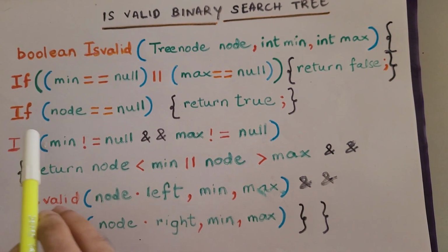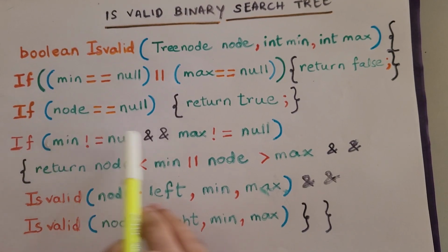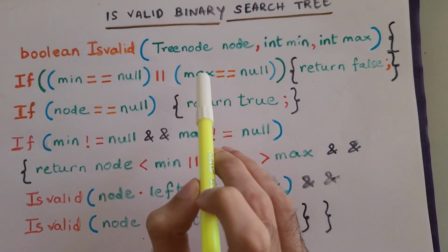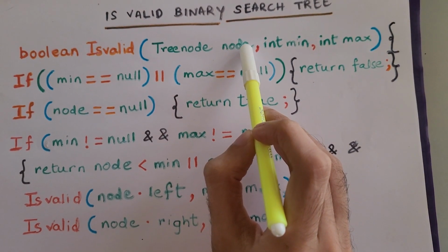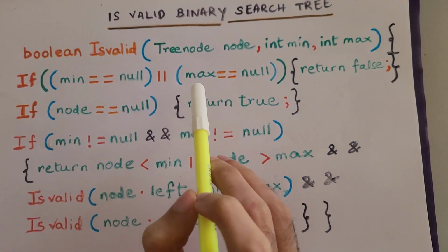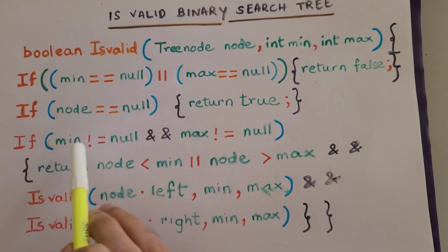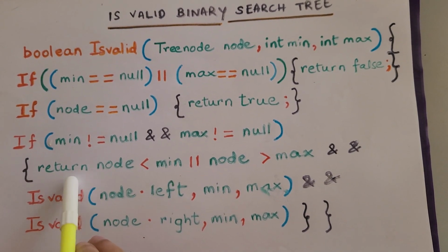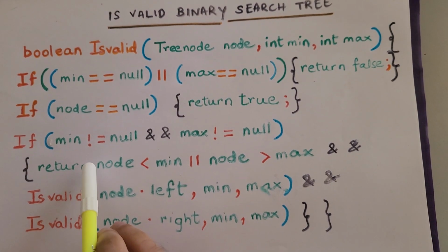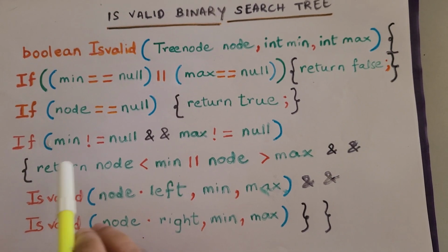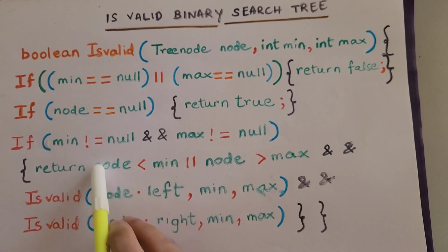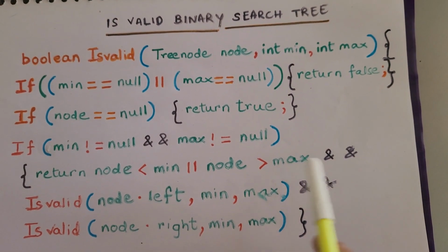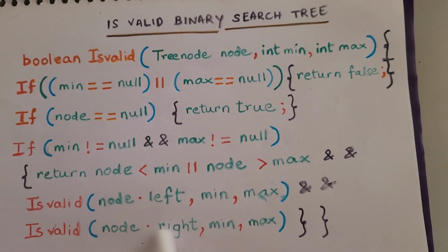For the valid inputs, this if block checks if min and max are not null, which means there are values that the node is going to be compared against, and if there are valid inputs, then we are going to be returning these three lines of code, which suggests we are going to be returning if node has a value less than min or node has a value greater than max, and this property holds true for left and right.